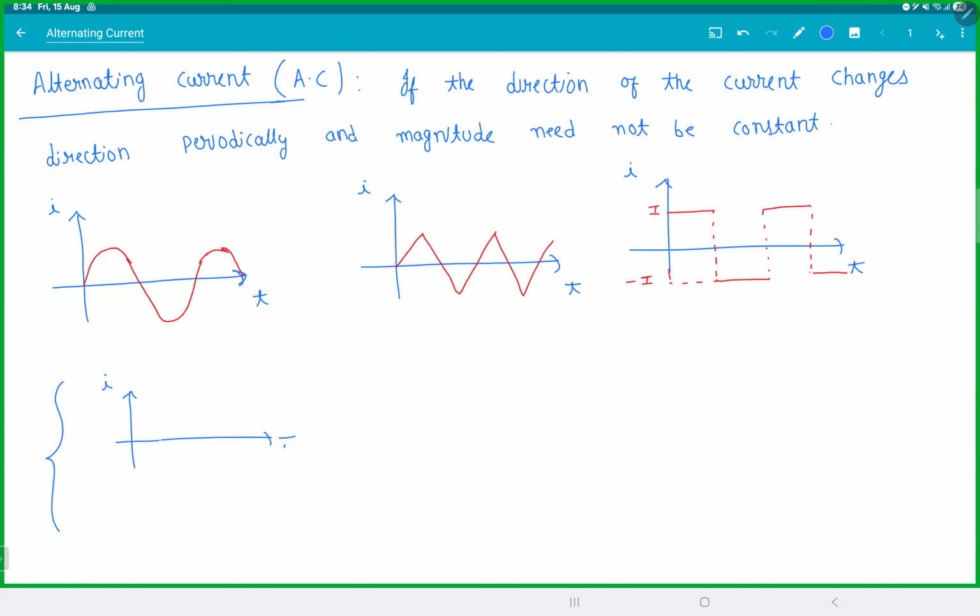Again, when you say periodic, remember the meaning is it should repeat the same value in the same way after a certain time interval. You should get the same magnitude, kind of like a periodic motion. So if you have something of this sort, you see this is not periodic. So it's not AC.